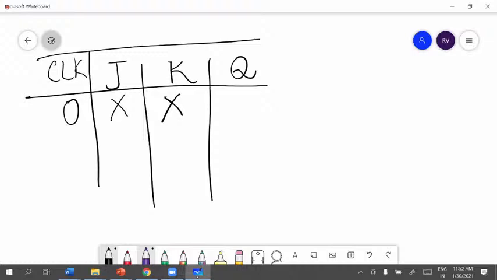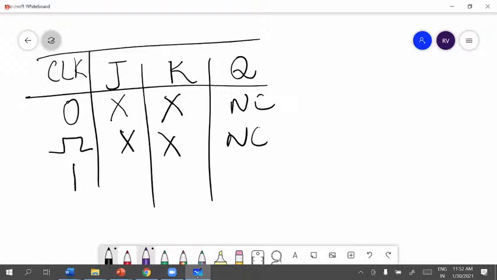It is a no change condition, and the clock is not given. Or else if level triggering is there in the case of JK clock, then also you will get no change condition. When clock is positive going edge, then also you will get no change condition.